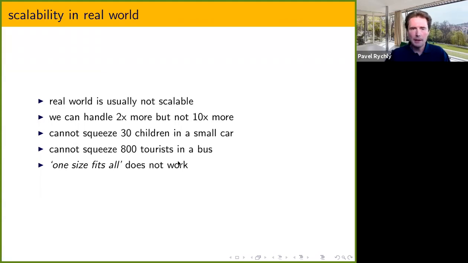The scalability in the real world does not work much. Usually, the real world is not scalable. You can usually handle 2 times more than what is expected, but usually not 10 times more.